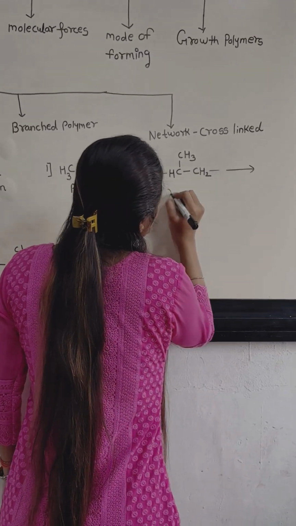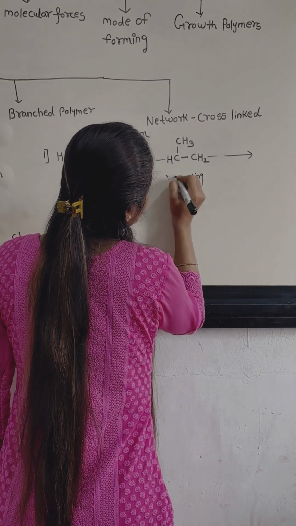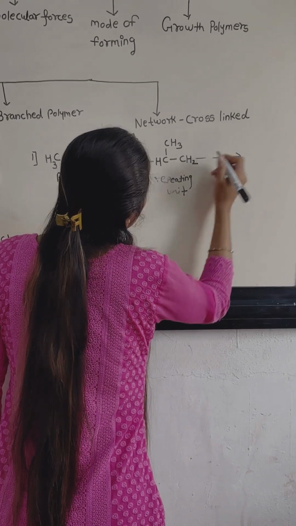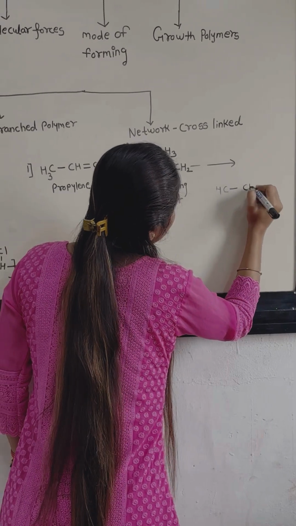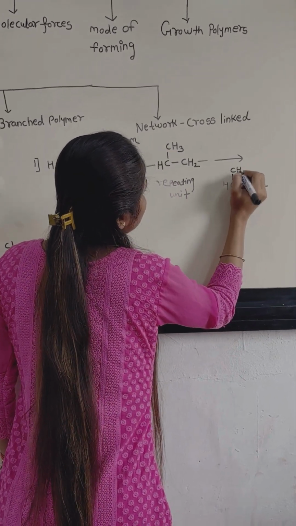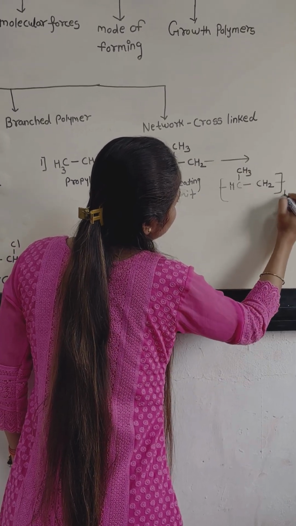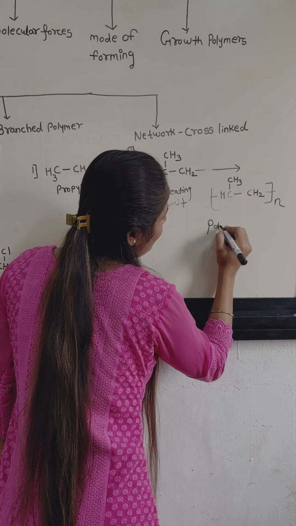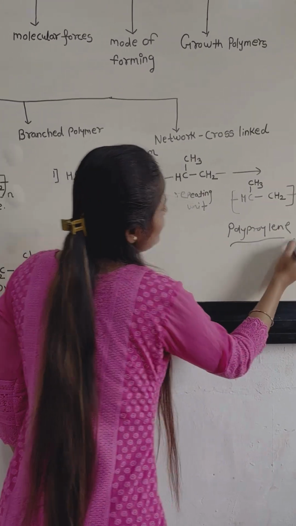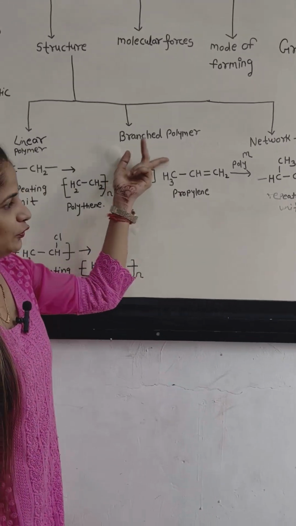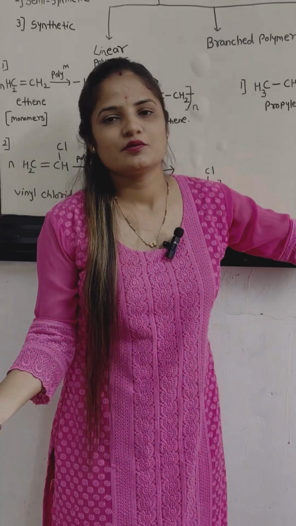Then it is the repeating unit, and finally we get polypropylene. Okay, so this is the example of the branch polymer having lower molecular weight, lower melting point and lower density.